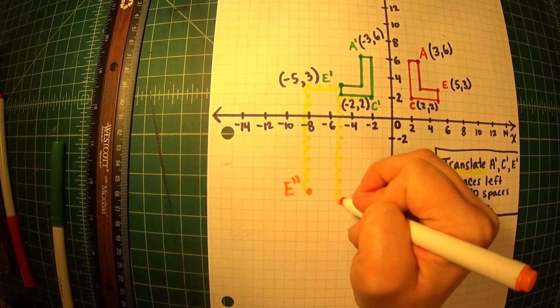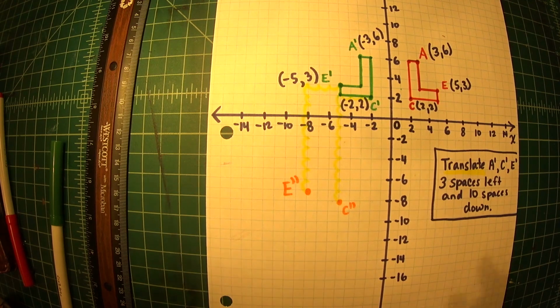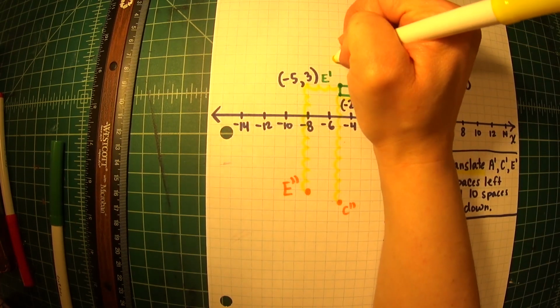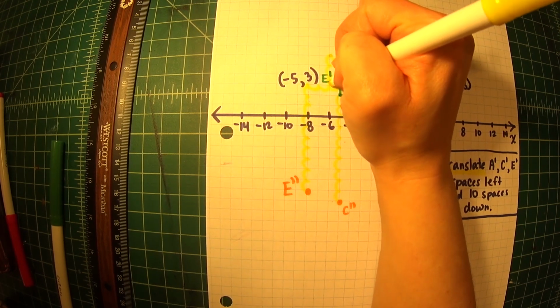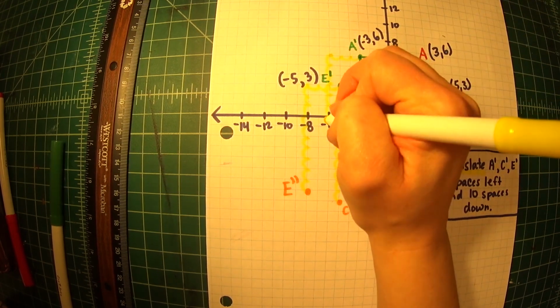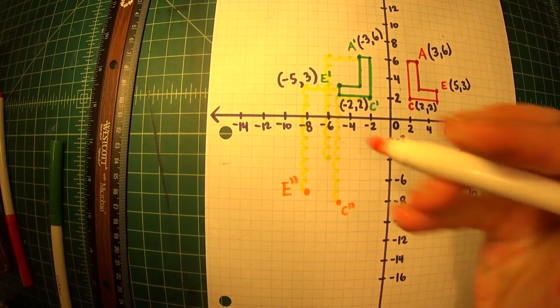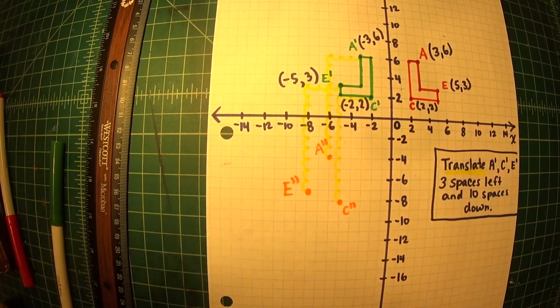So this becomes our C double prime. And then the last one, A prime, 1, 2, 3 to the left, and 1, 2, 3, 4, 5, 6, 7, 8, 9, 10 down. So this becomes our A double prime.